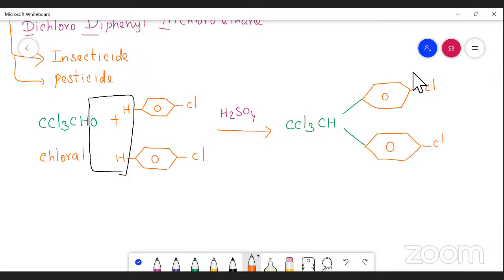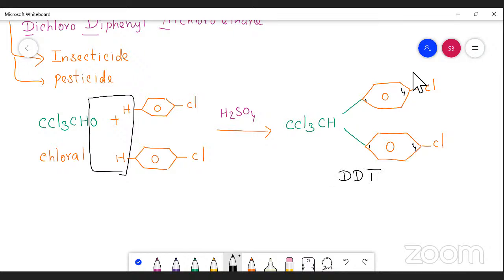Here the Cl is present at the fourth position, correct? It is 1 and 4 position, which is known as para. So it is para-dichloro diphenyl trichloroethane, which is known as DDT.